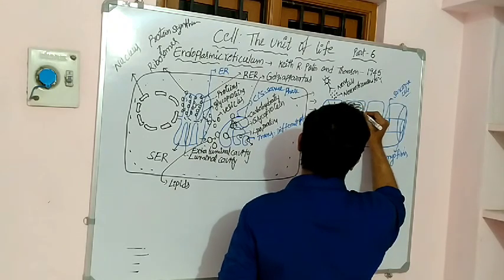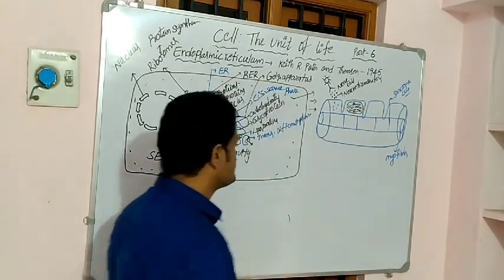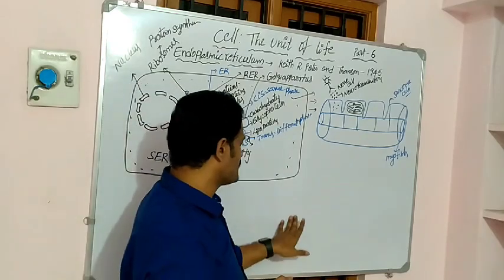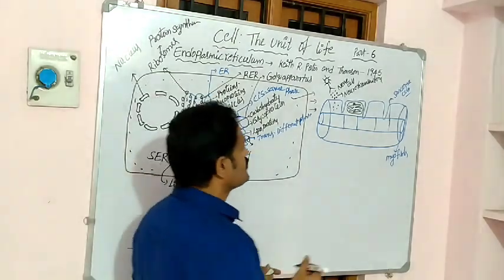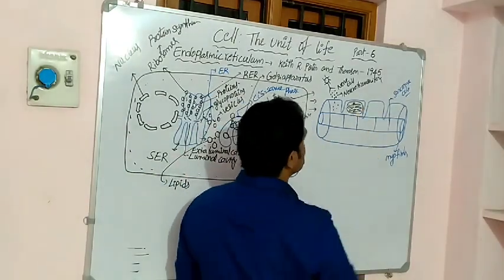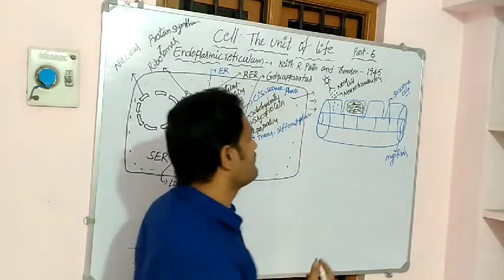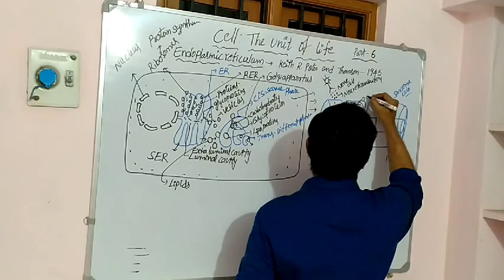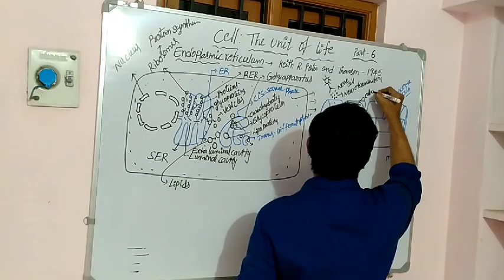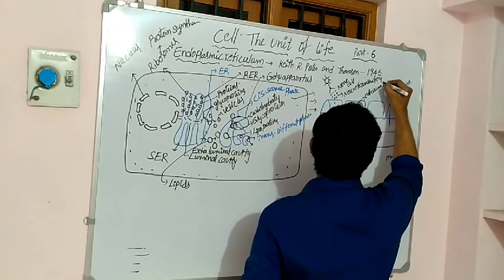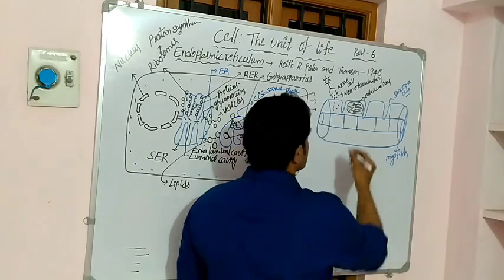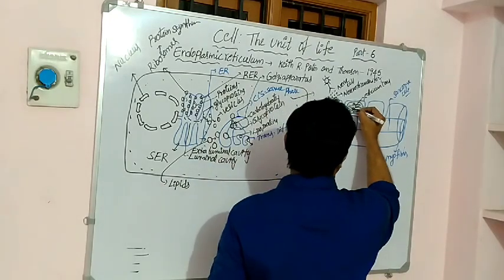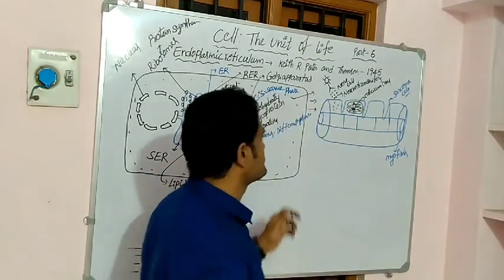The smooth endoplasmic reticulum already has calcium ions. Here calcium ions are present.